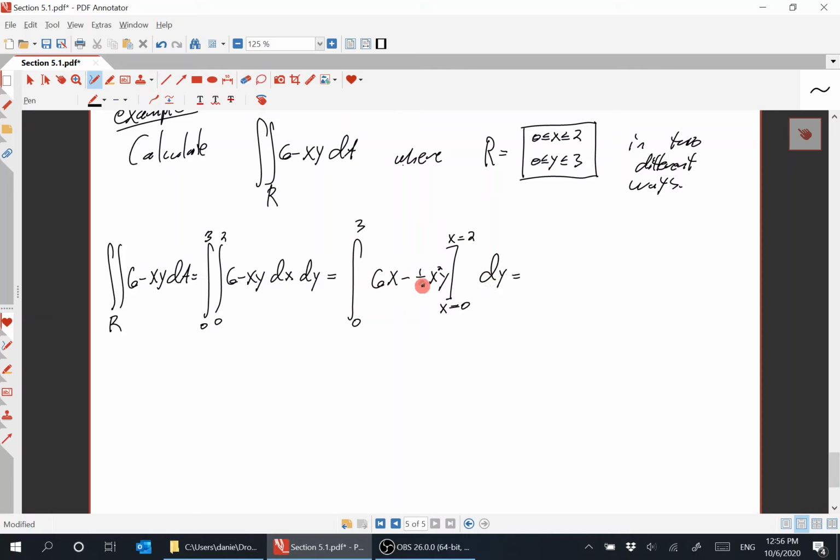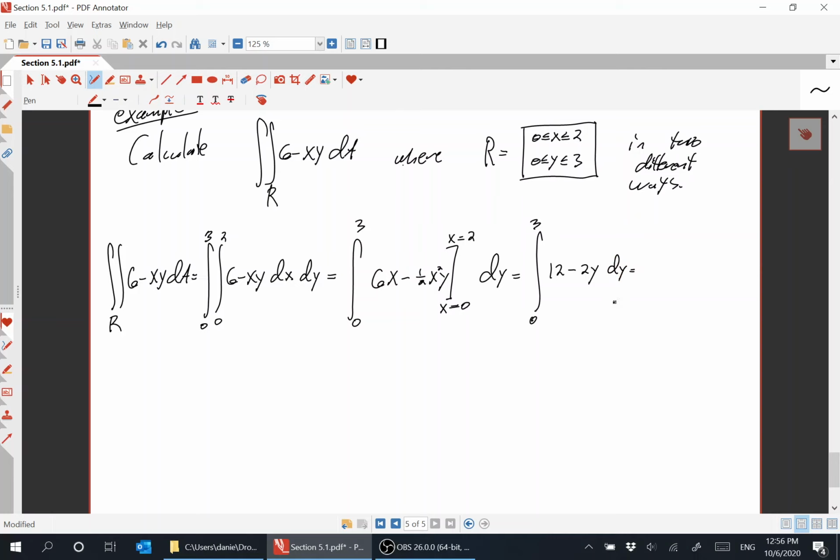Now we evaluate that from 0 to 2. I'm going to evaluate each term separately. So this is 12 minus 0, so I just get 12. And then this one is 4 times a half, which is 2y, minus 0. So that's 12 minus 2y dy.